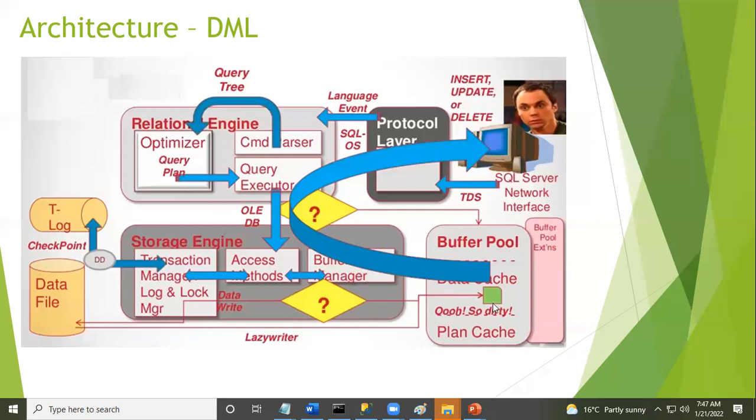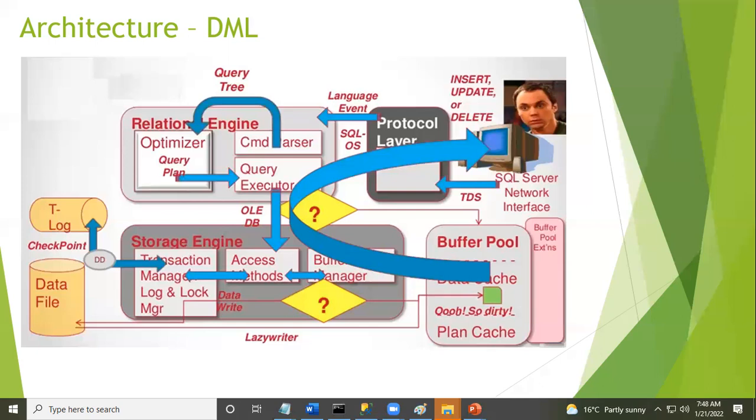Now, whenever a checkpoint happens, it does two things. One is it will write the log cache entries into the transaction log file. Whatever pending log cache entries there are, they will be written to the transaction log file. First thing it will do that, so that whenever a crash happens, it can recover the transaction.